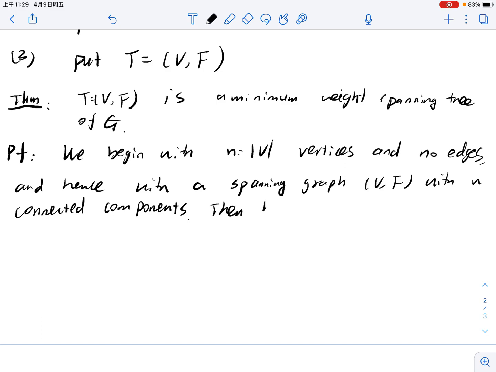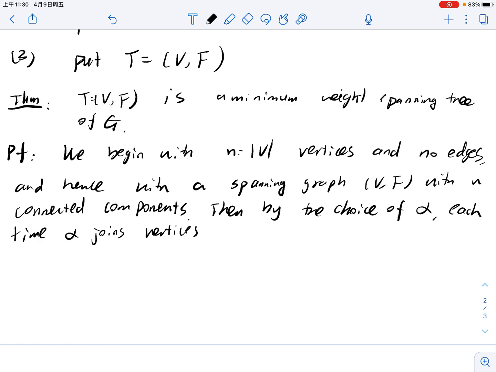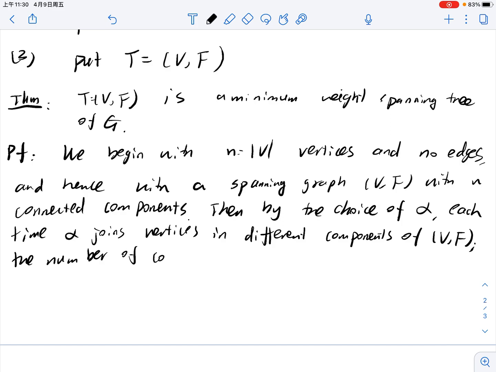Then by the choice of alpha each time, alpha joins vertices in different components of (V, F), and the number of connected components is decreased by 1.